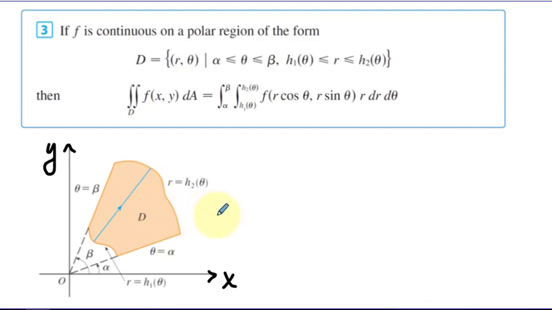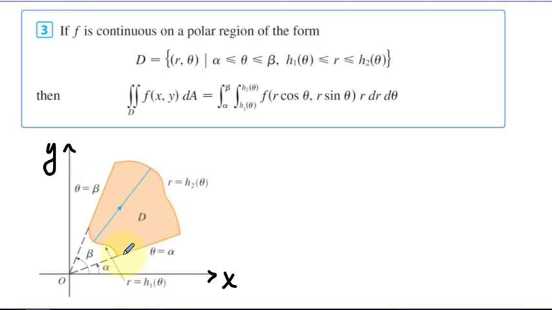But it could happen that the region is such that it'll lend itself to polar coordinates better than rectangular coordinates. So if the region is expressed in polar form, as it is here, where we have the components r and theta, r being a radius from the origin, theta being some angle, if that angle is in the interval from alpha to beta, so you can see here theta equal to alpha is one boundary of the region, and beta is another constant boundary of the region.